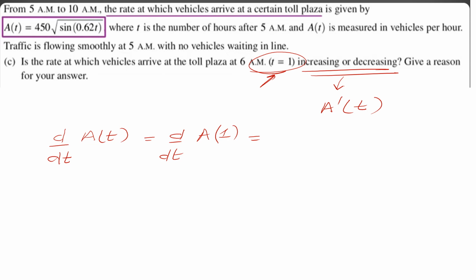You can just take the derivative of the function, or you can directly write it in the calculator and get the final answer. But make sure that whenever dealing with trigonometric functions, your calculator should be in radian mode.